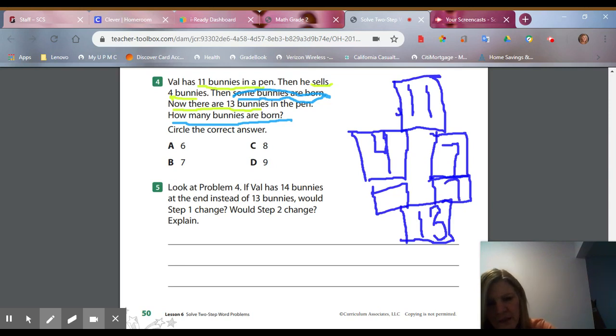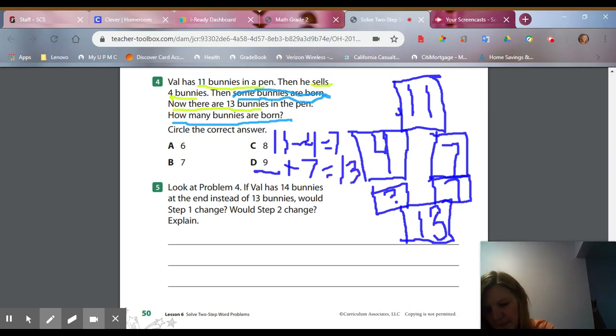Or you could also put it as an equation: 11 take away 4 equals 7. Then some more were born. We don't know how many. And he had 13 total. How are you going to figure out how many were born? Well, you do something plus 7 equals 13.